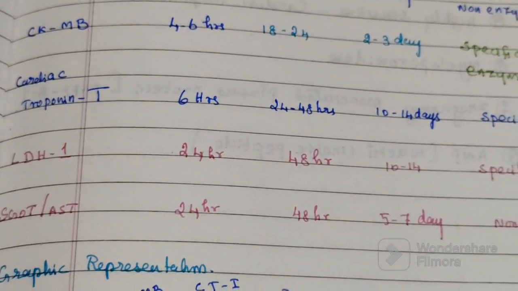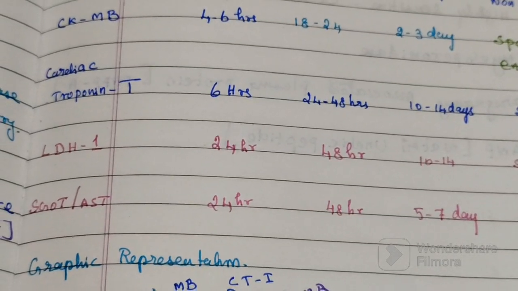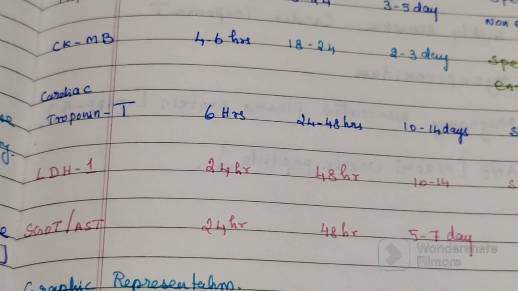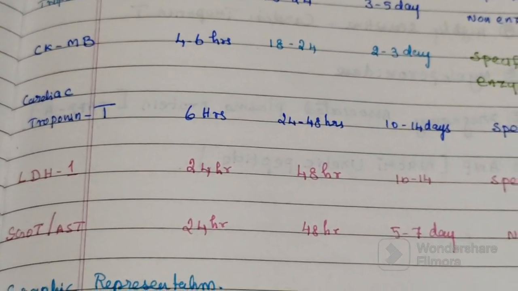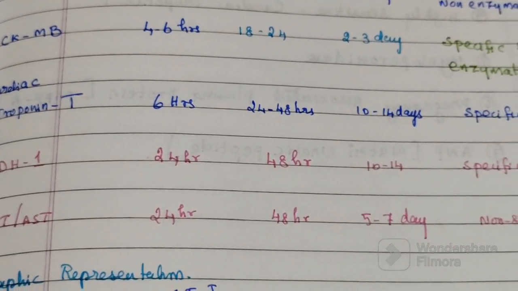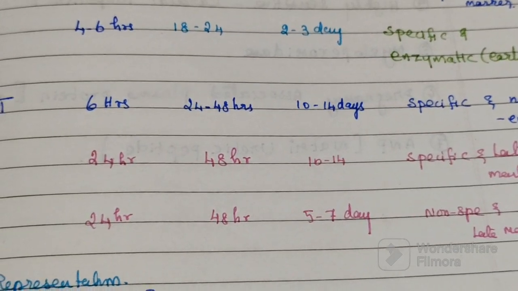Then SGOT or AST starts rising after 24 hours, peaks at 48 hours, and returns to normal in 5 to 7 days.